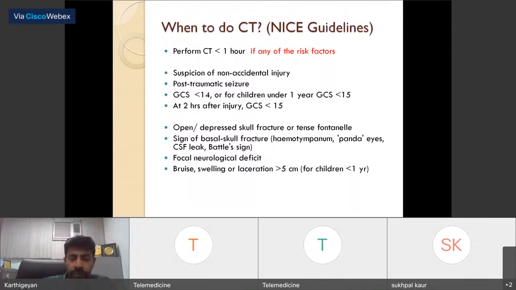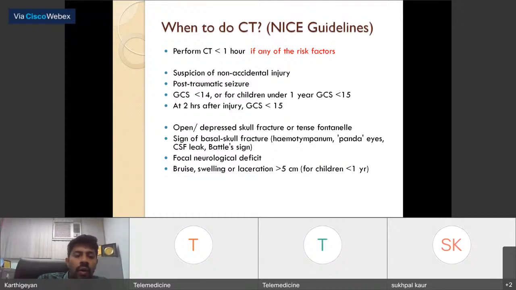You have to go for a CT scan. And always look for signs of injury, such as open or depressed fractures of the skull, and signs of skull base fractures.